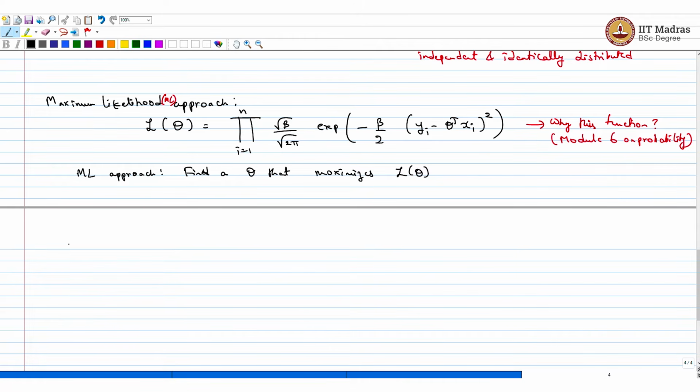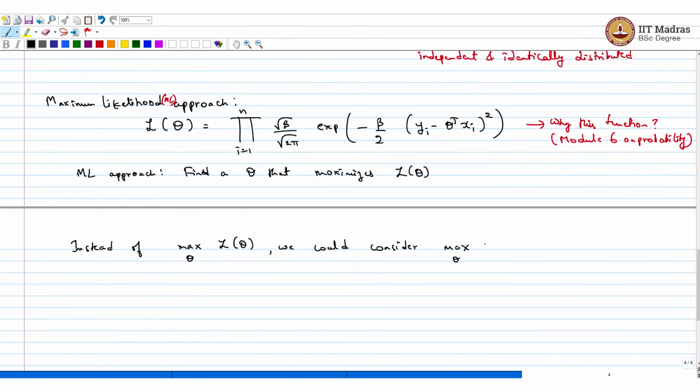Now, instead of maximizing over theta L of theta, we could consider the log likelihood. So, this L of theta is called a likelihood function.